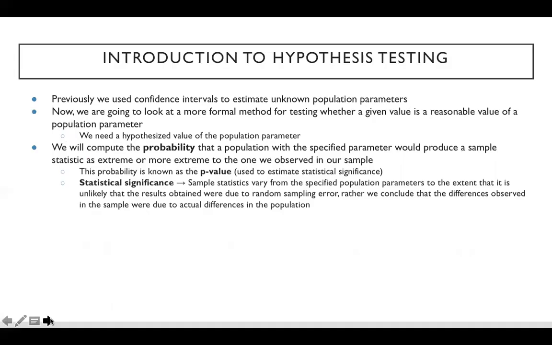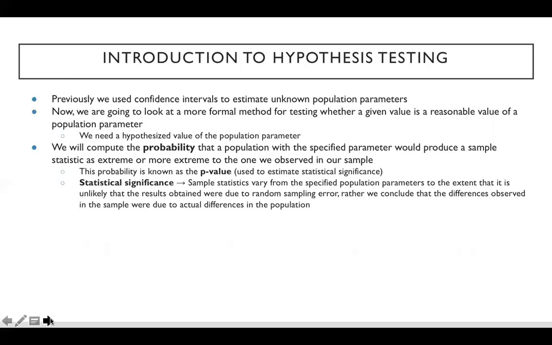Okay, we're on to lesson 5 now. Lesson 5 is an introduction to hypothesis testing. Before, we were using confidence intervals to estimate unknown population parameters. Hypothesis testing is really just a more formal method to test whether a given value is a reasonable value of a population parameter.